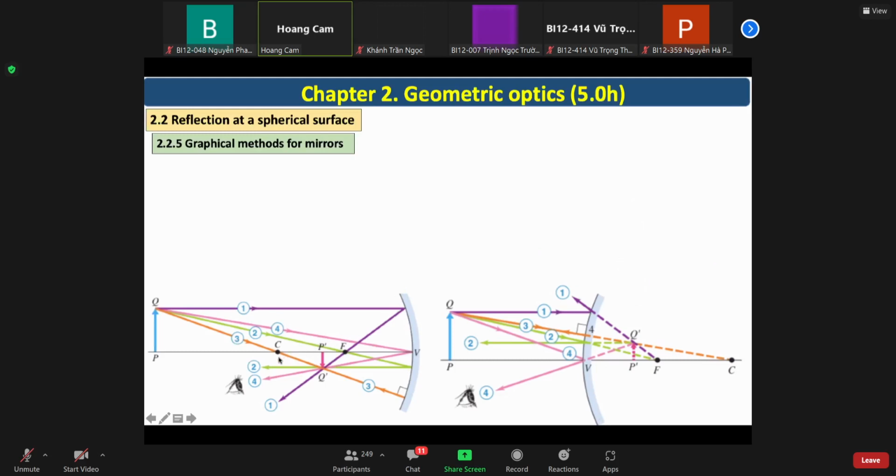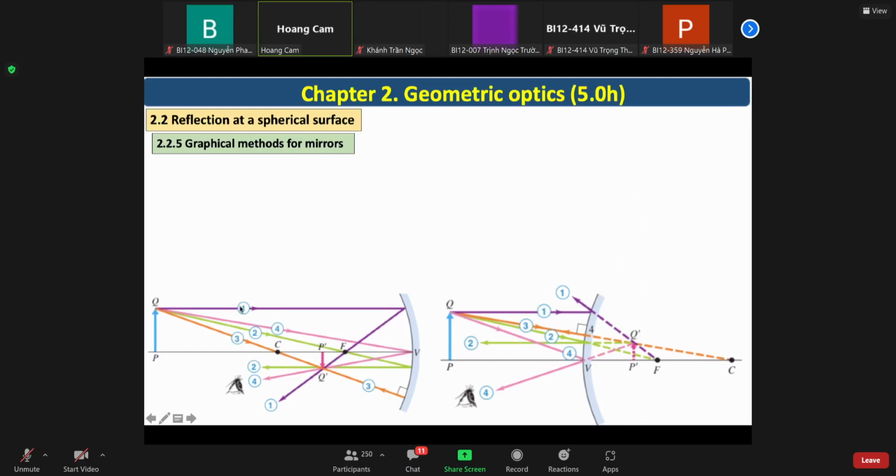The center of curvature of the concave mirror is here, on the same side as the incoming rays. And the center of curvature of the convex mirror is here, on the opposite side from the incident ray, you see. So that's why you have here positive radius of curvature and here negative radius of curvature.